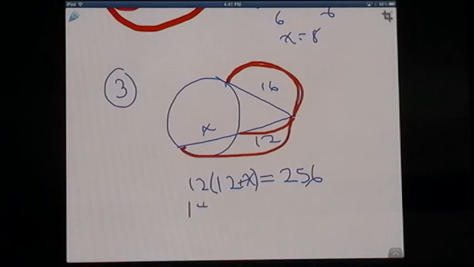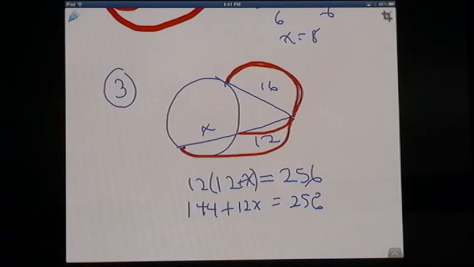So we get 144 plus 12x on this side is equal to 256. And then you take 256, subtract 144, and you get 112 equals 12x.